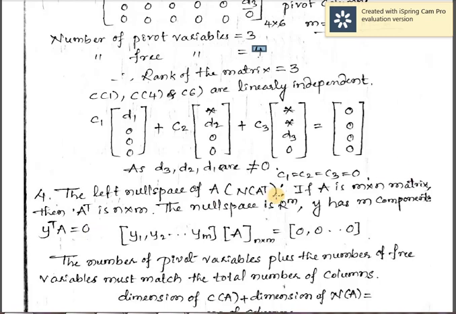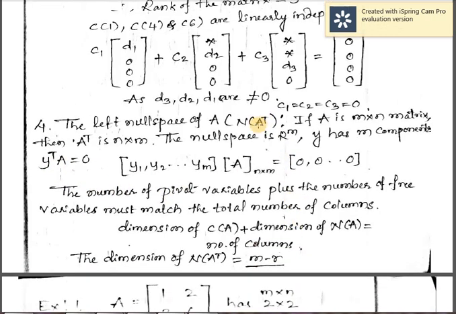So we may write it as A transpose of Y or Y transpose of A. It works out to be 0. So as we are writing Y transpose, in place of columns, we'll write it as a row, and A as it is will give a row of zeros.